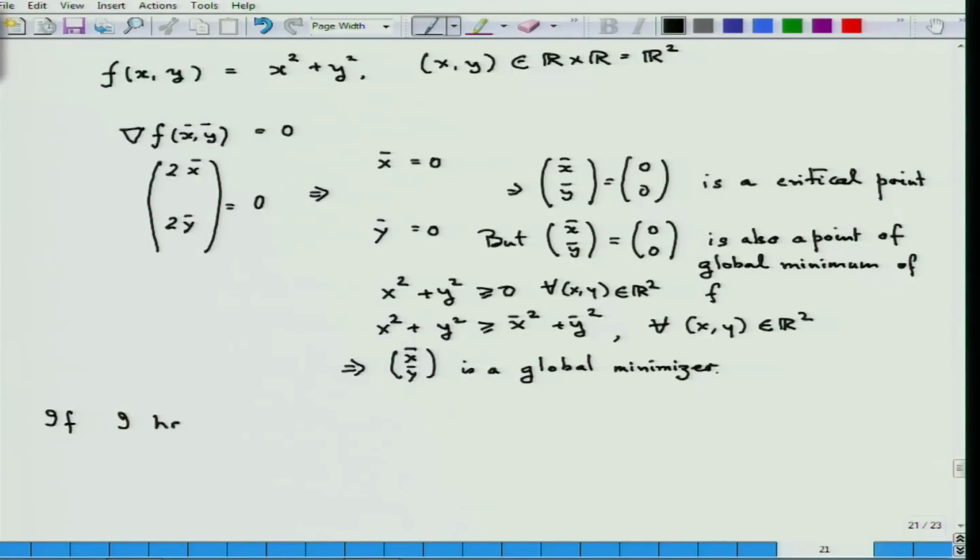So, what I am going to get at this moment is, if I have a critical point, how do I know that it is a minimum?